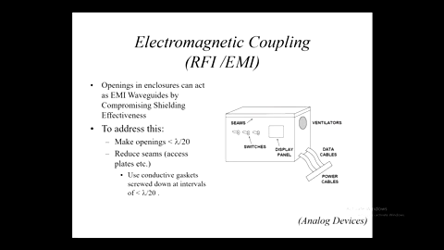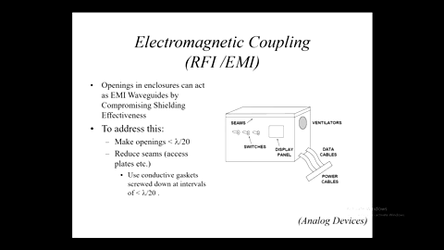Okay, the last one is electromagnetic coupling of travelling waves, and that's specifically a problem if we've got holes and seams. You'll note that sometimes you might have encountered chassis that have a lid that's got a gasket underneath it.